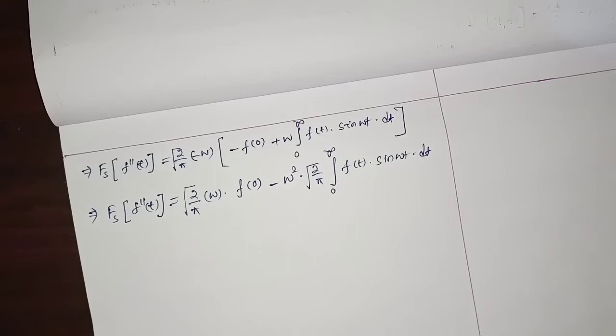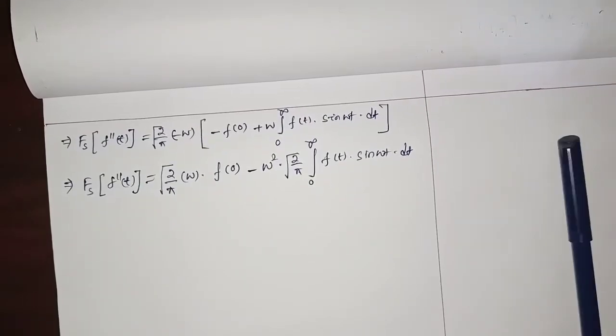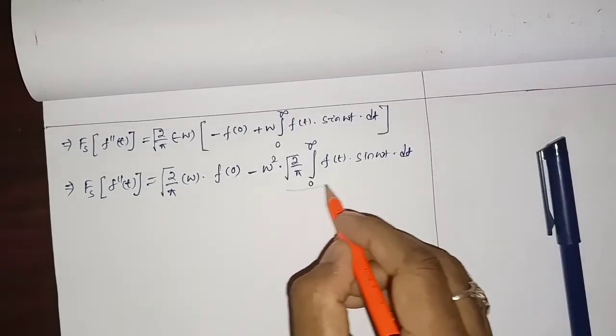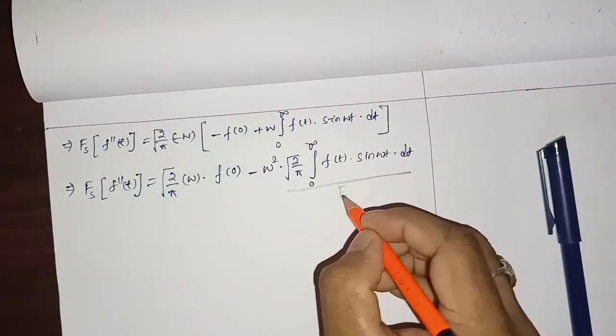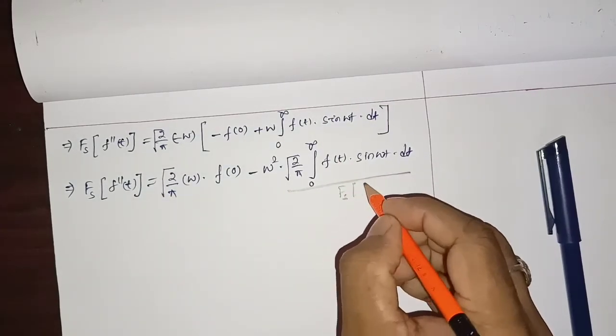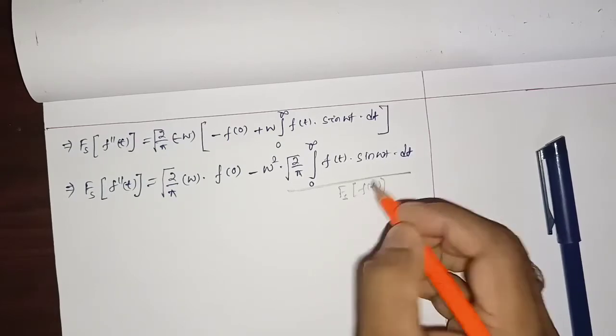Here you can see that this is nothing but the Fourier sine transform of this one. That means we can write Fs of the Fourier sine transform of f of t, right?